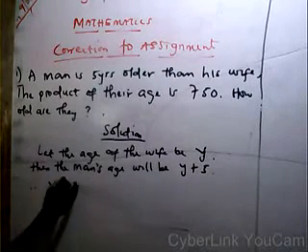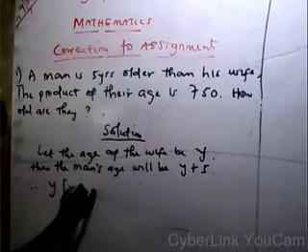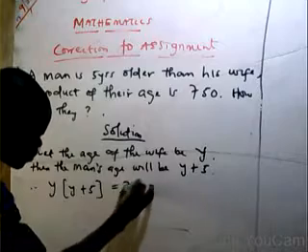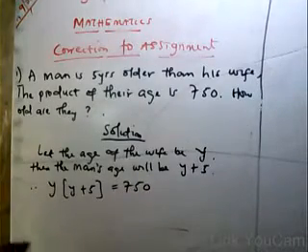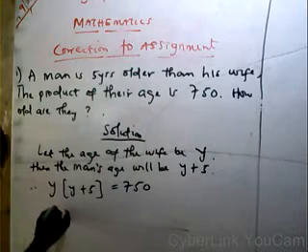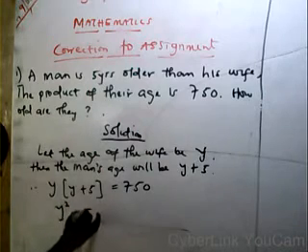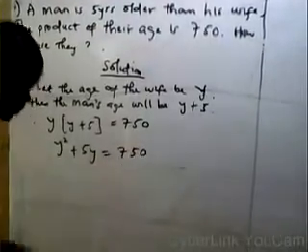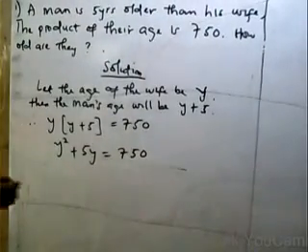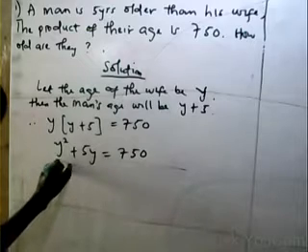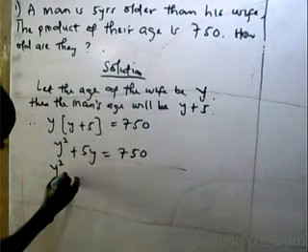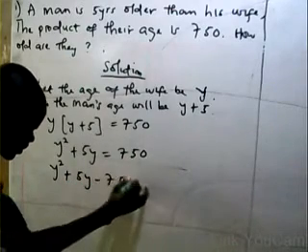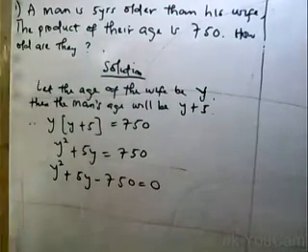So you have y into bracket y plus 5 equals 750. Expanding the bracket, you have y squared plus 5y equals 750, so y squared plus 5y minus 750 equals 0.